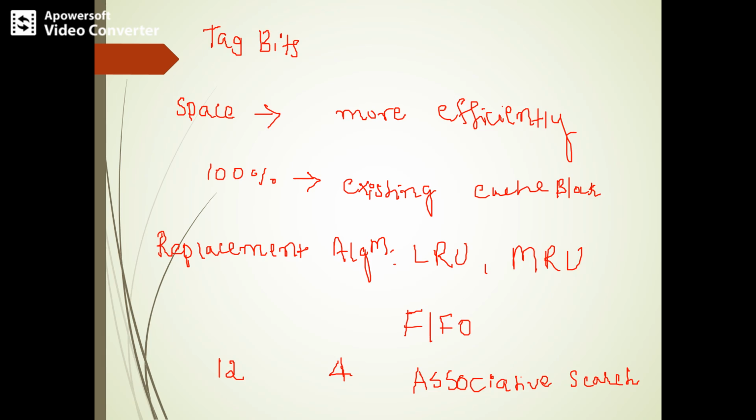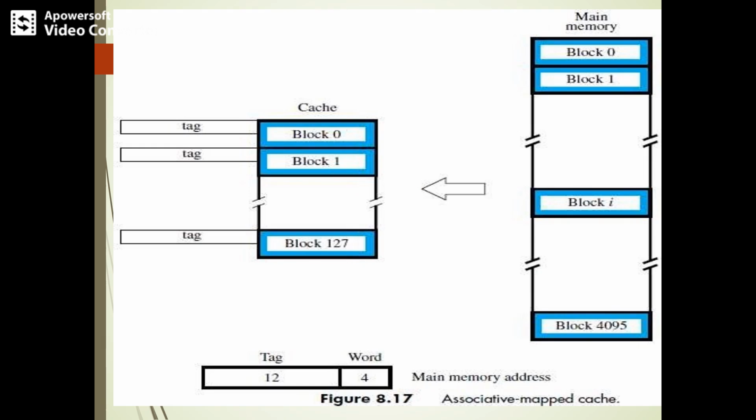So now we'll consider the diagram for associative mapping. In order to achieve more flexibility compared with the direct mapping method, we can adopt one more mapping technique called associative mapping. Associative mapping adopts a different strategy in which a main memory block can be placed into any cache block position.